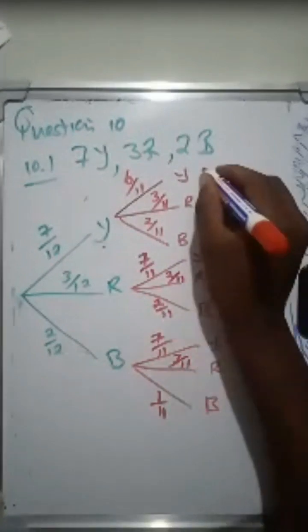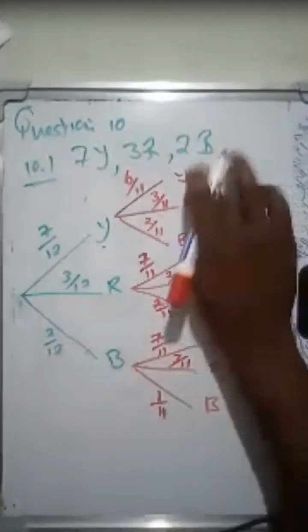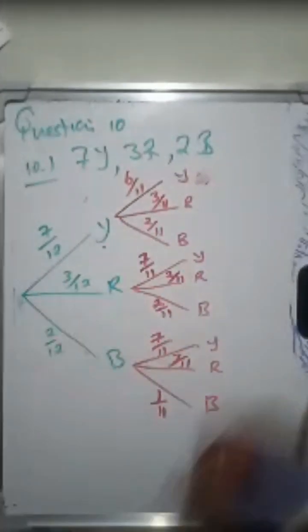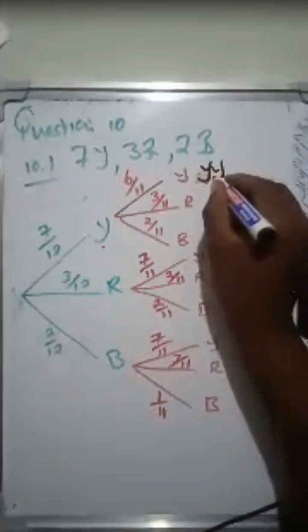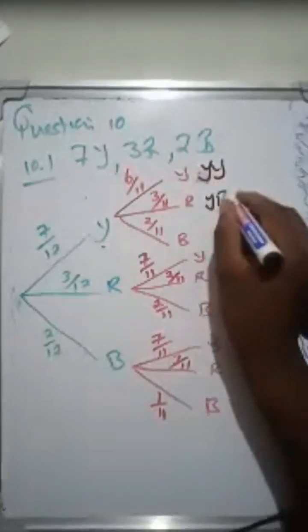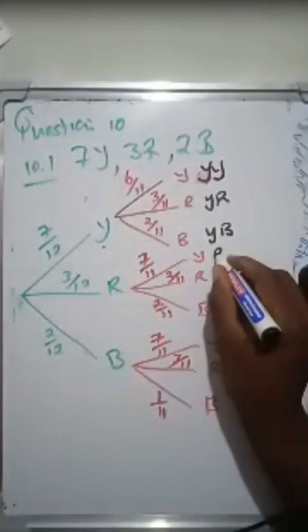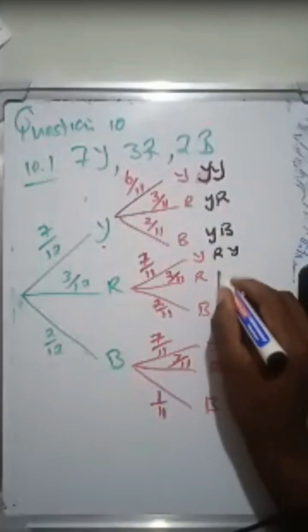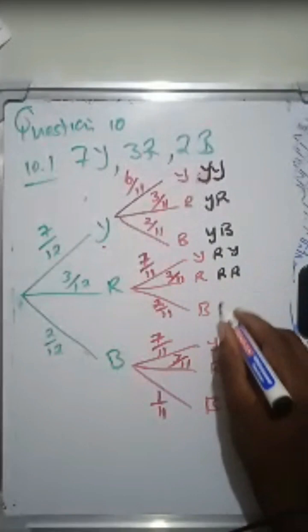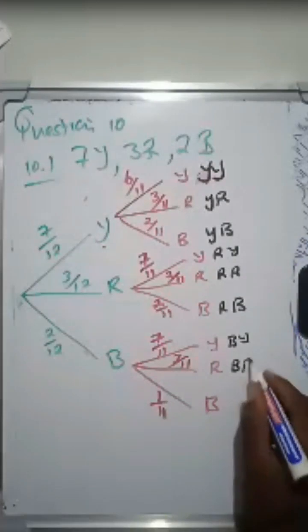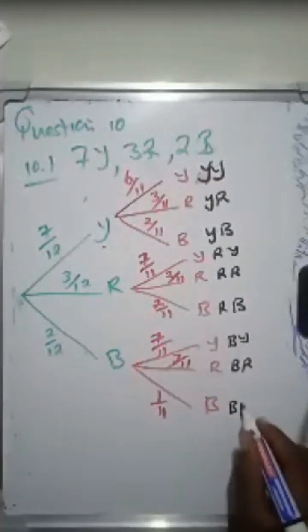So what are our outcomes? Let me write it in another color. Our outcomes are yellow yellow, yellow red, yellow blue, red yellow, red red, red blue, blue yellow, blue red, blue blue.